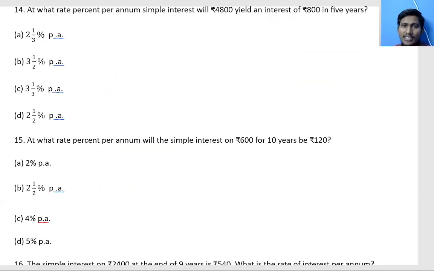So here, listen everyone. Let us solve the 14th question. If you see the 14th question, what is there?